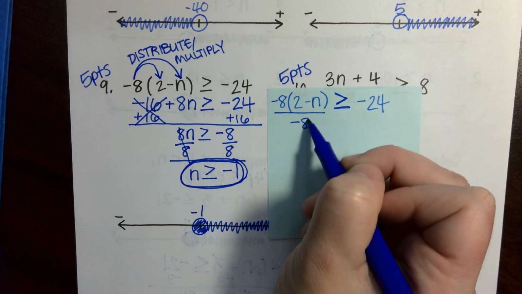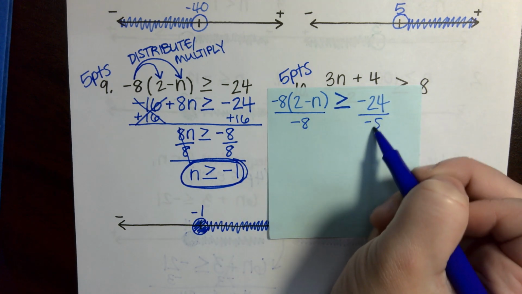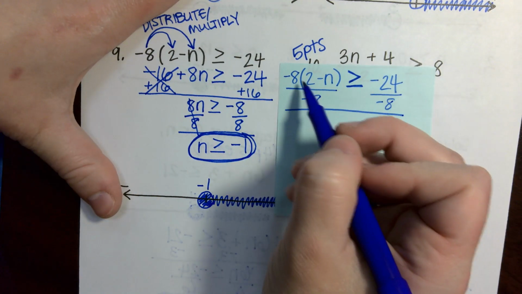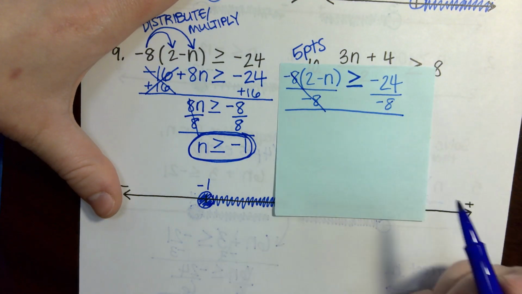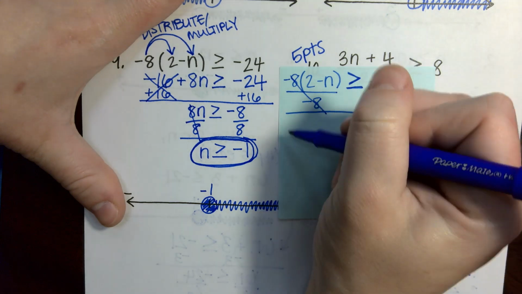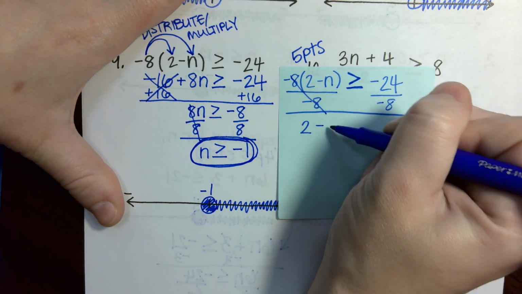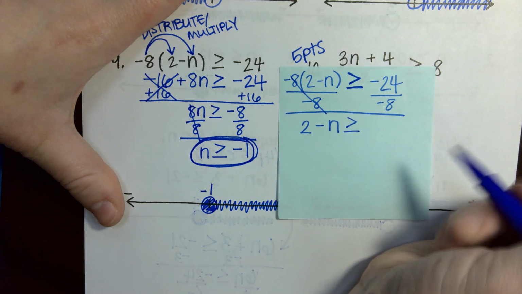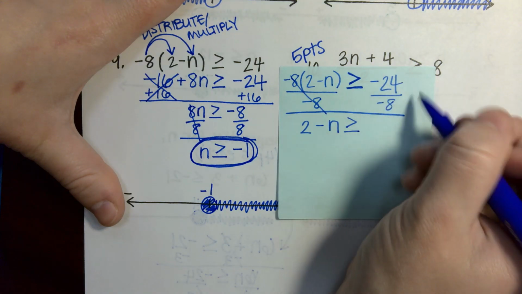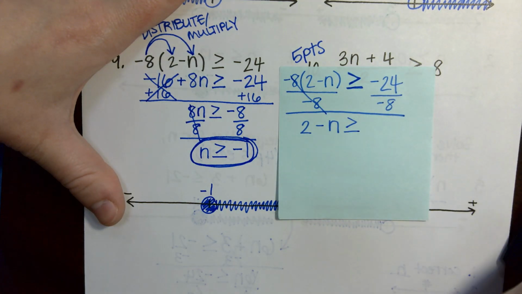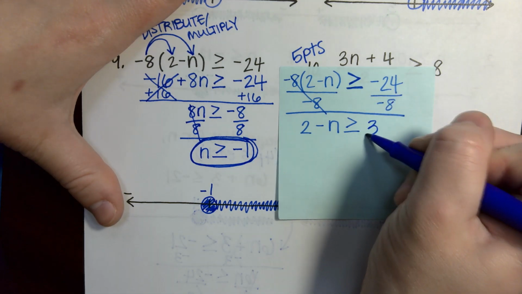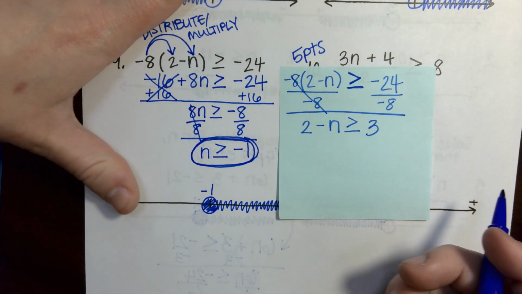Okay, so divide by negative 8. And that's going to cancel our negative 8s and leave us with 2 minus n is greater than or equal to 24 divided by 8. What's that? 3. Okay, since they're both negatives, they do cancel. It'll be a positive 3.